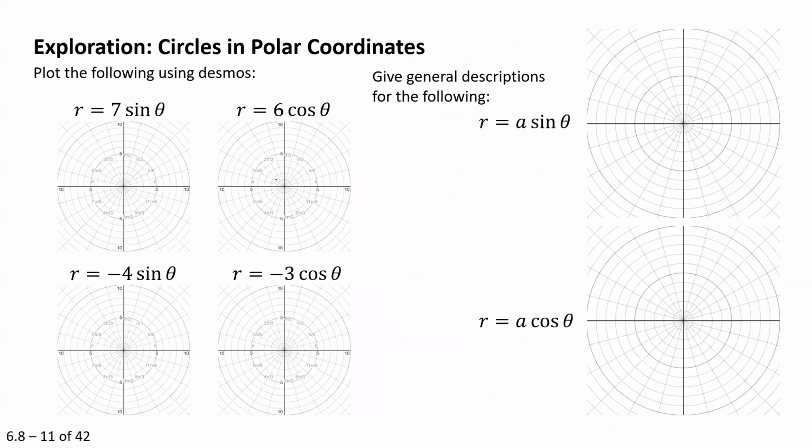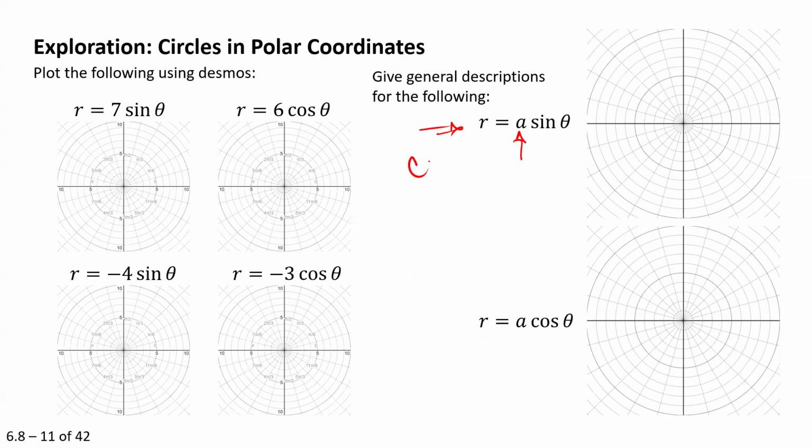Okay, so based upon what you have been able to explore here, let's see if we can come up with some general descriptions of the following here. What does A control? First of all, what's the shape of this? The petals. They're like sine of 1 theta.